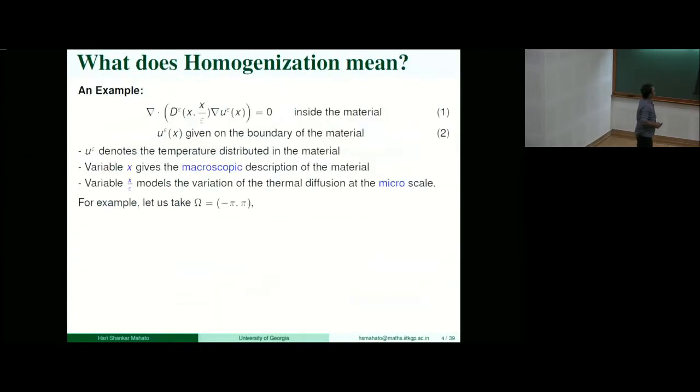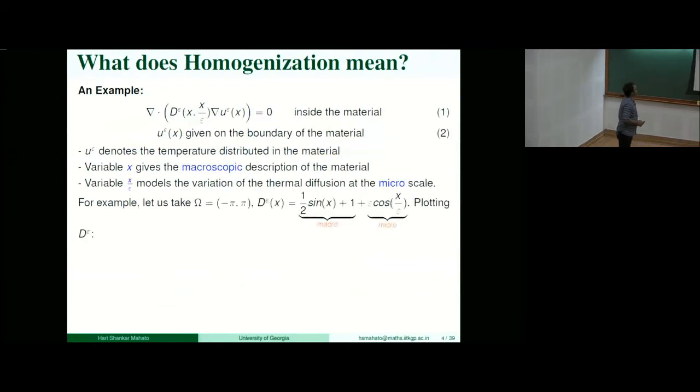For example, suppose this is a heat equation for the steady case, and we assume that u epsilon is the temperature distribution, x represents the macroscopic variable, and x over epsilon is the microscopic variable.